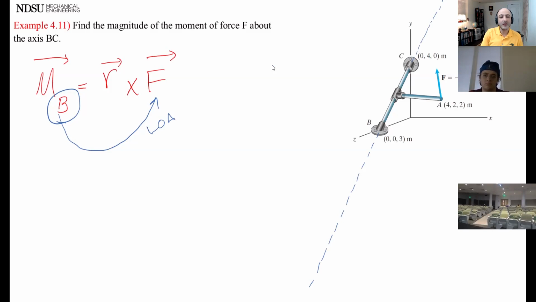There's another little tiny hint and difference in the problem statement that's asking you. Can you figure out what that other minor difference is? In that little sentence, find the magnitude of moment of F about axis BC.